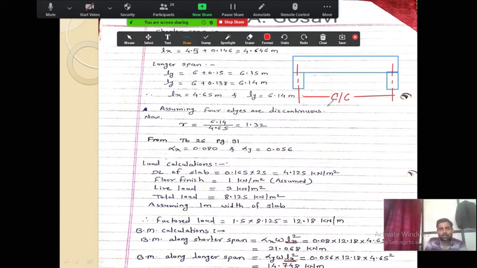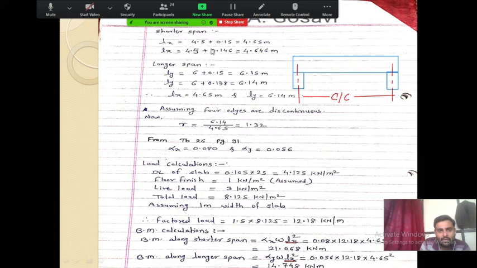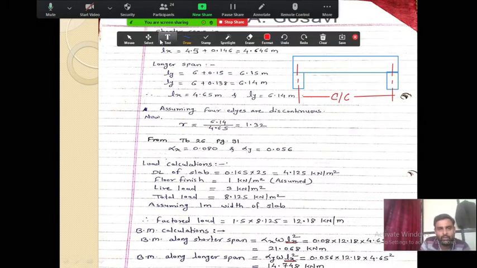See, what is the span they have given to you, what is the value of our Lx, it is 4.5. Okay, so Lx is 4.5. So if I write over the value here about Lx, from this point it is 4.5 meter up to this point, this is 4.5.